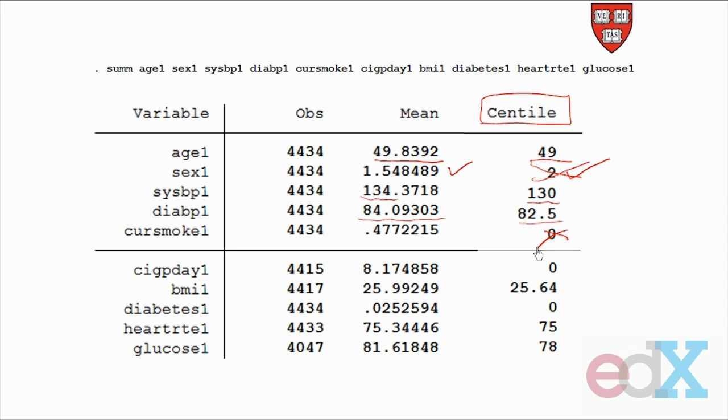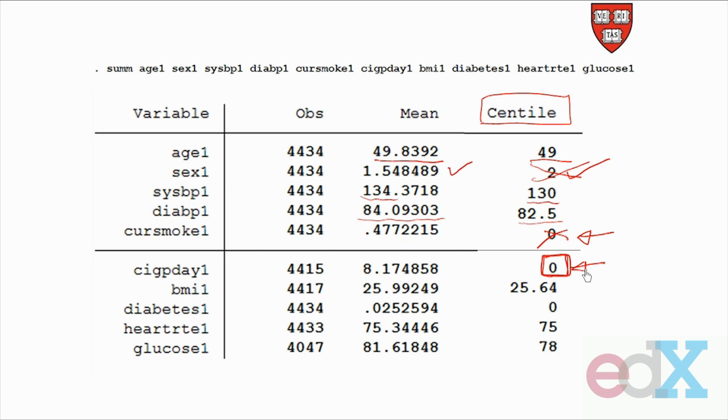The cigarettes per day. Now, this one, look at this. This one is 0. Why is that? Very similar kind of argument, because more than half the people are non-smokers. So more than half are at 0 cigarettes per day.